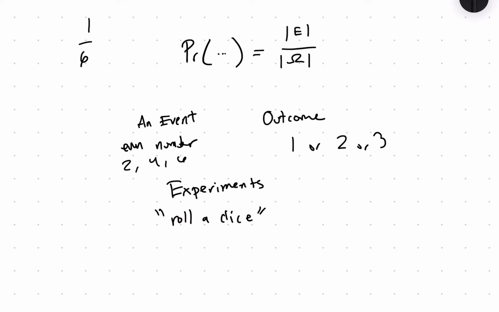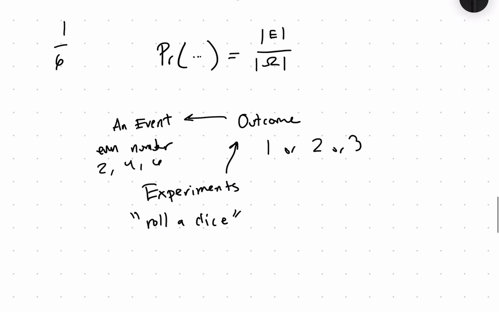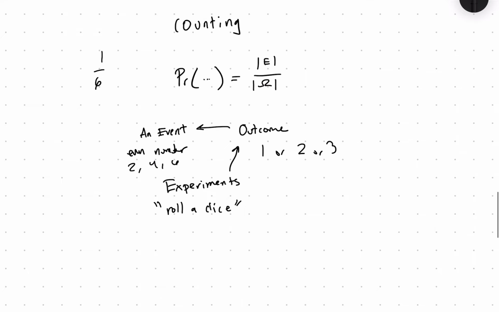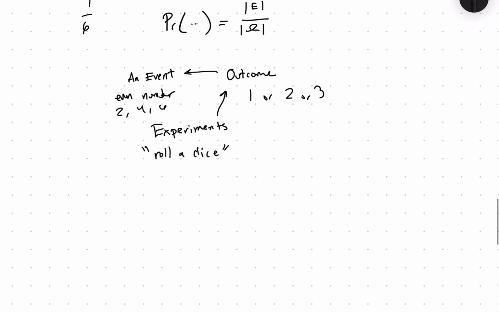All of those outcomes match the event. So you can kind of think of it in this direction. So those are 3 important vocabulary words that you should pause the video and actually understand, because it is surprisingly confusing at the start, and you just gotta make sure you get that.